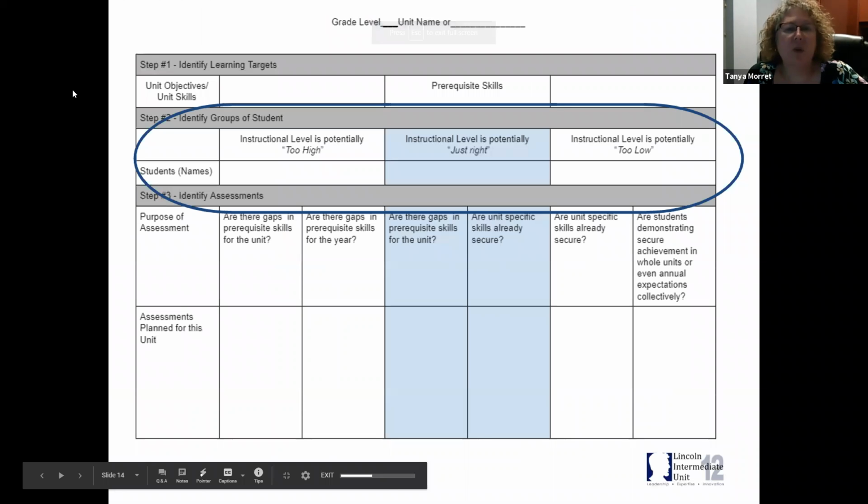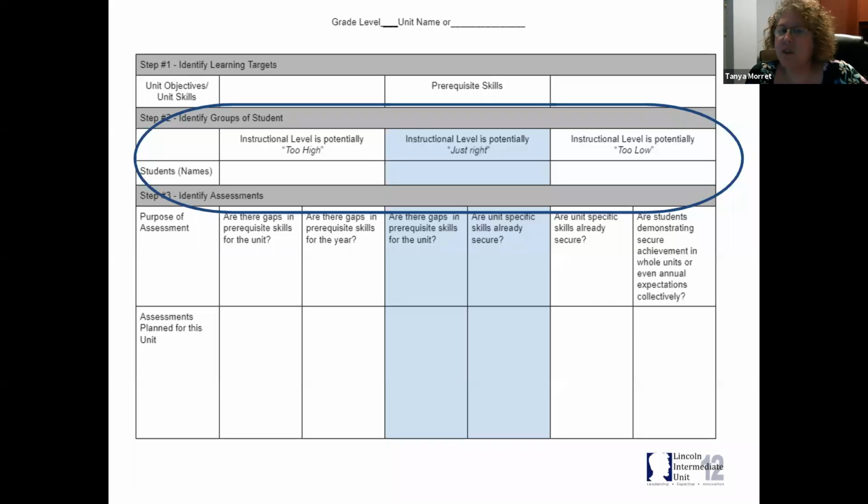So here is where you would record the names of the students. And you'll notice in the distribution, I really said 5 groups of students, but here I've narrowed it down to 3. So here's who are those students for whom this entering instructional level is potentially too high, just right, or too low, right?